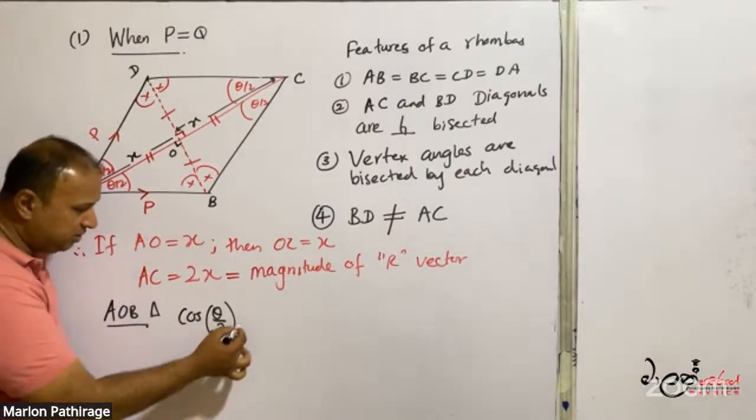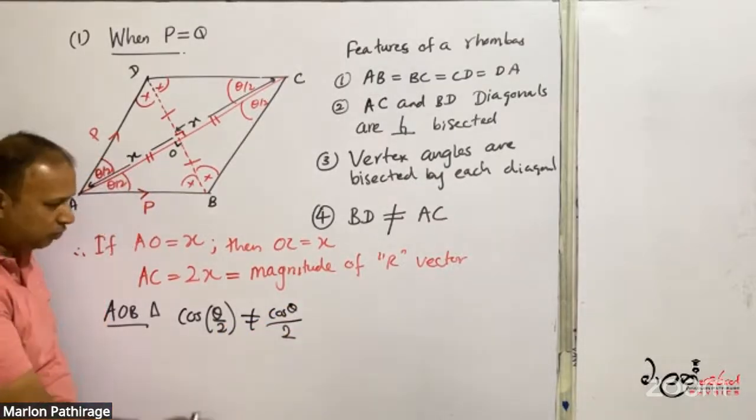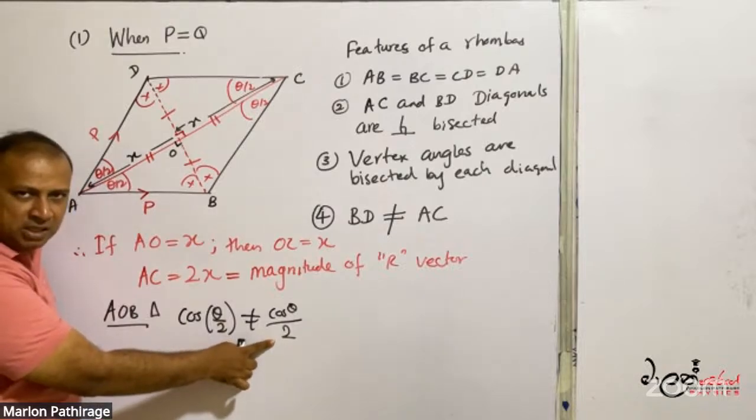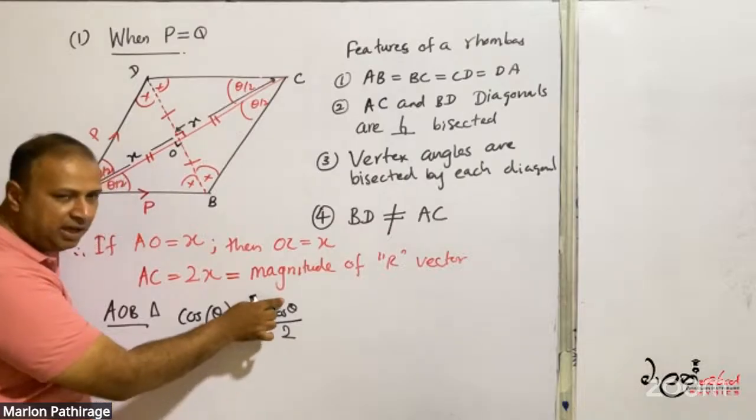Cos theta over 2 means cos value of theta over 2 angle, not cos value of theta divided by 2.